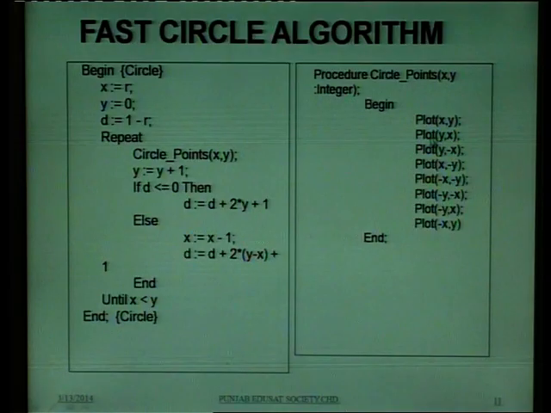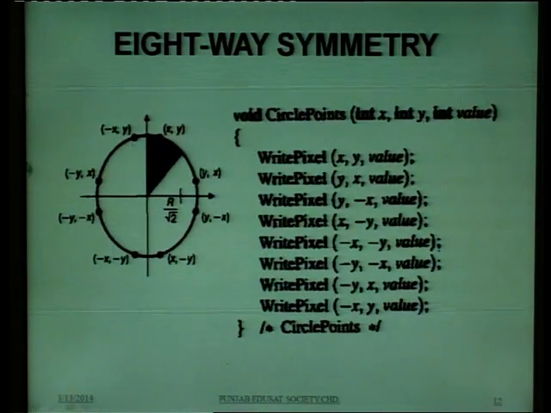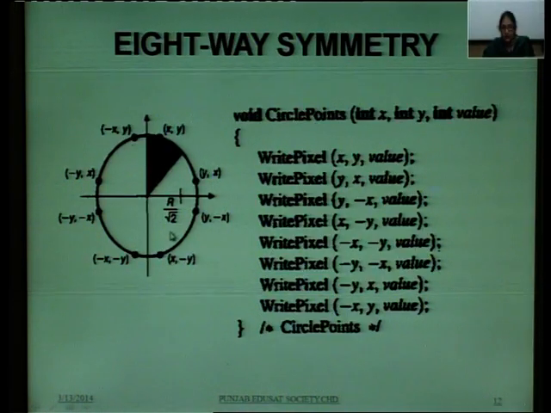To begin, you have to plot every coordinate (x, y), (y, x), (x, minus y), (minus x, y) and all these 8 coordinates on the 8 quadrants of the circle. This is the 8-way symmetry which is showing first quadrant, this is the second quadrant, third quadrant, fourth, fifth, sixth, seventh and eighth. There are 8 quadrants and every quadrant is showing the value of x and y in plus value and minus value.